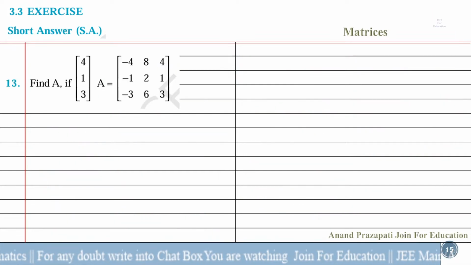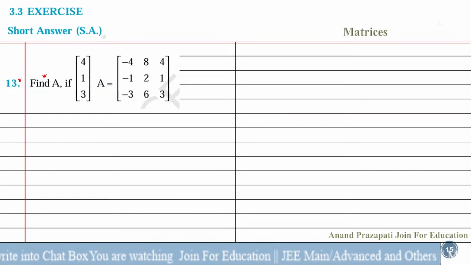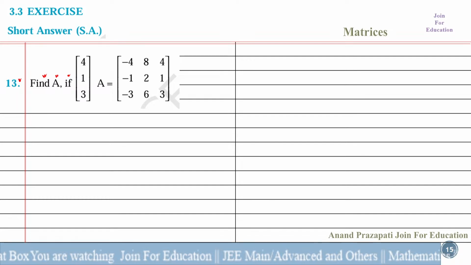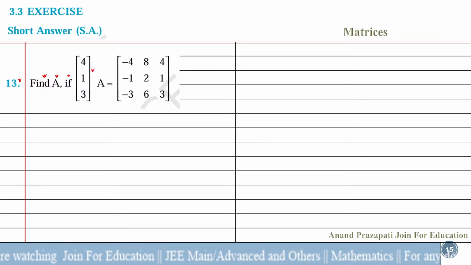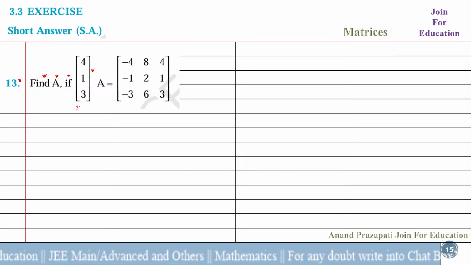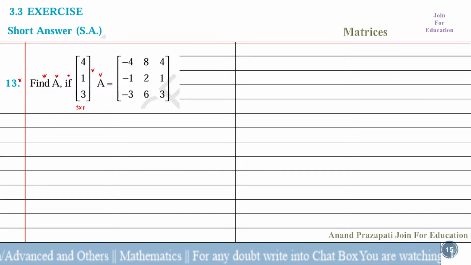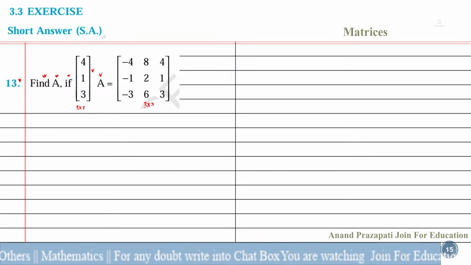Let's see question number 13. In this question, find A. The order of this matrix is 3 by 1, into A equal to this matrix, the order of this one is 3 by 3.